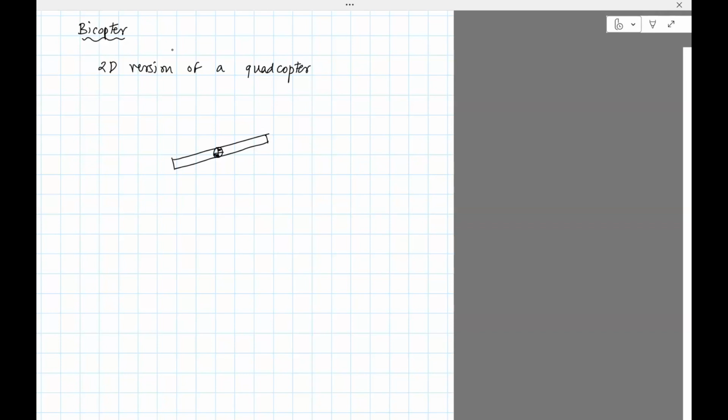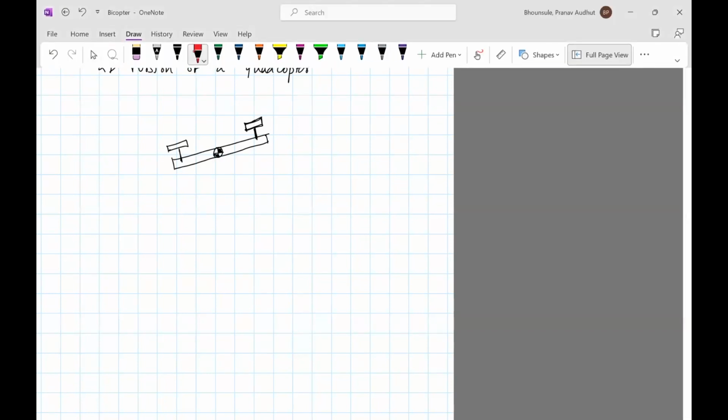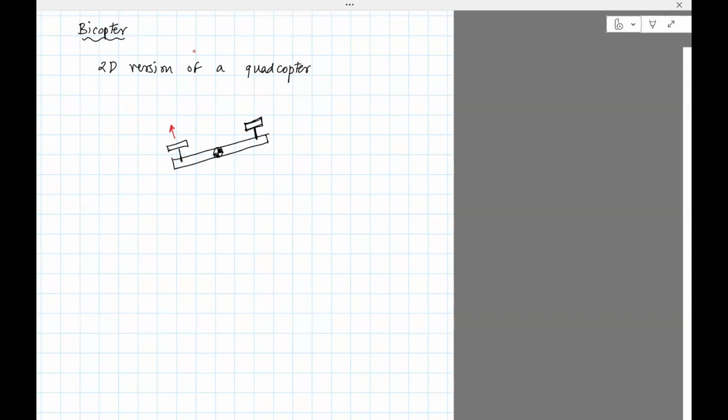The base is the center of mass, and there are two propellers. So these propellers are basically motors which spin the propellers, and the goal of spinning the motors is that they generate a thrust, and the thrust is always pointing in the direction, depending on the direction, of course, of the motors.